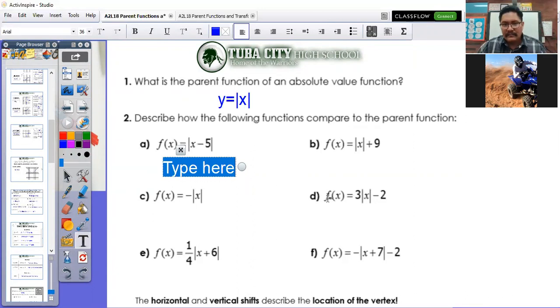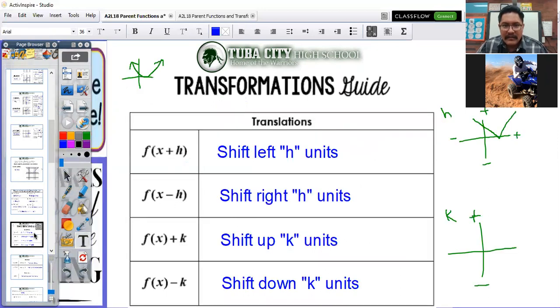But anyway, with some of these, you can just follow the reference guide that I showed you. So we are subtracting 5 directly from the X. And going back to this chart, subtracting something from X is going to cause it to shift right.